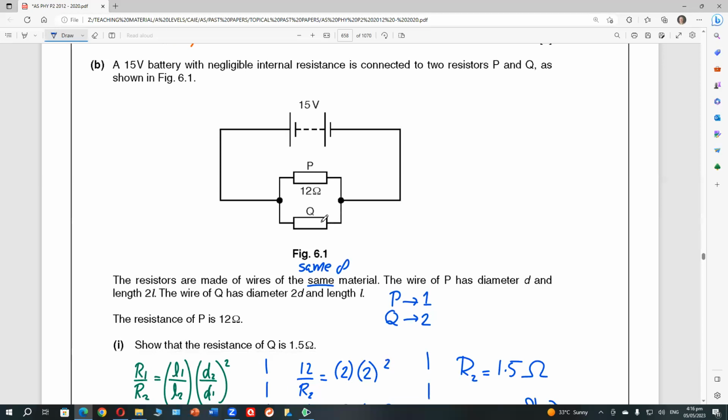We need to get the total power dissipated in the two resistors. First, we can find the resistance and use V squared over R. Sorry, your voice was not clear.